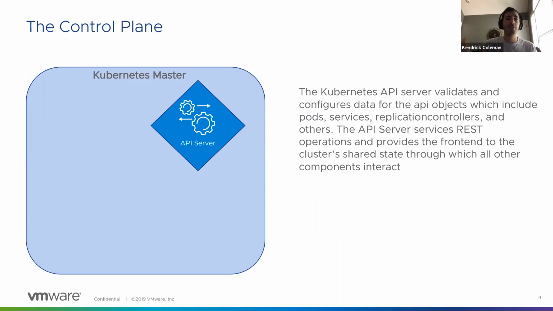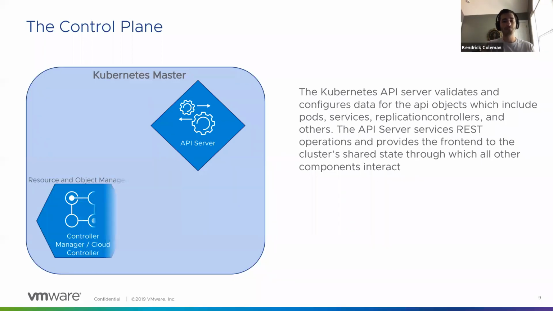So as I'd mentioned, it's super intense and rich in what it does and what it can offer. And the API server is really this central communication hub. It provides REST-based services for these components to all talk to one another, as well as where, as an admin or as a developer, you're going to be interacting with it when deploying your applications.